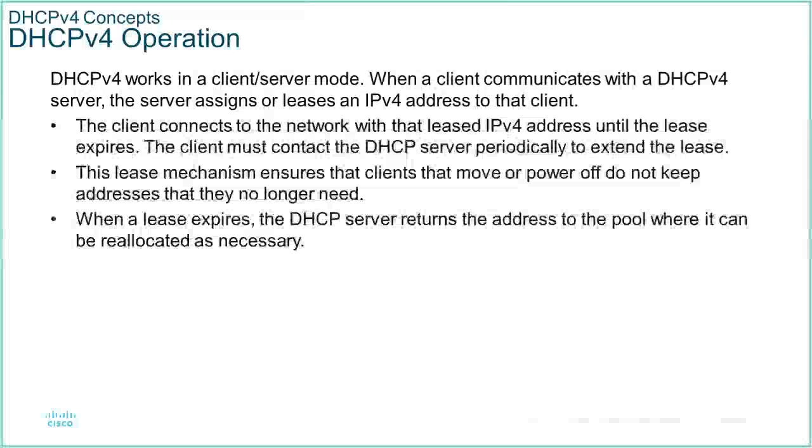So when a device gets a lease, it maintains that IP address until the end of the lease, and once it has expired, the device has to reapply for a new IP address. Now this is typically just automatically reassigned the same address, but occasionally it can actually change the IP address on renewal, depending on what's going on.